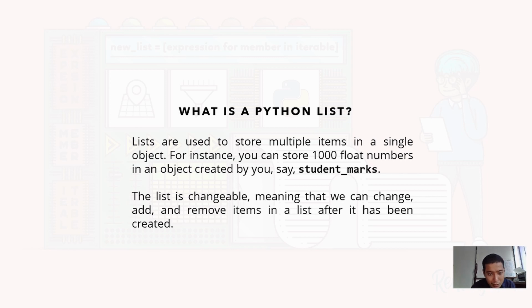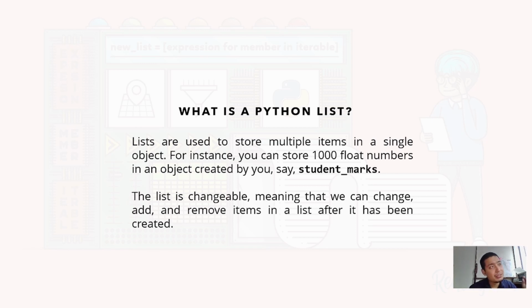Of course the list is changeable, meaning we can add items into the list, we can remove items from the list, and then you can also expand the size of the list. It is changeable, it is modifiable.